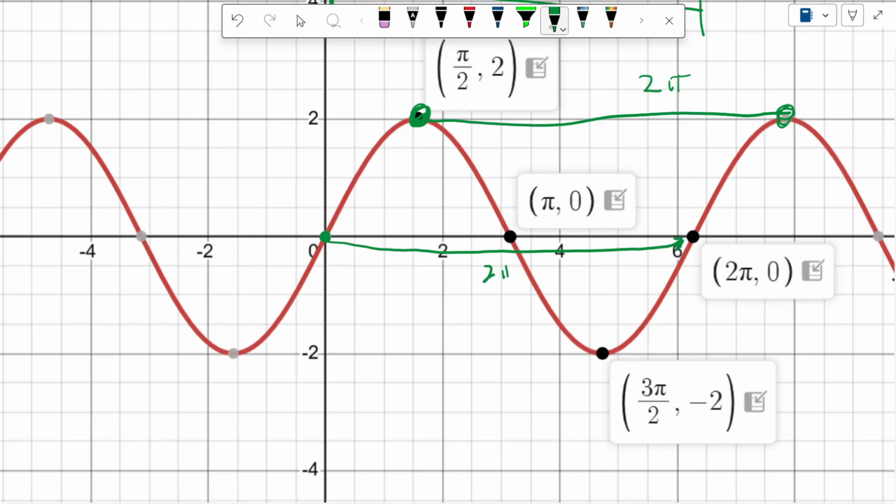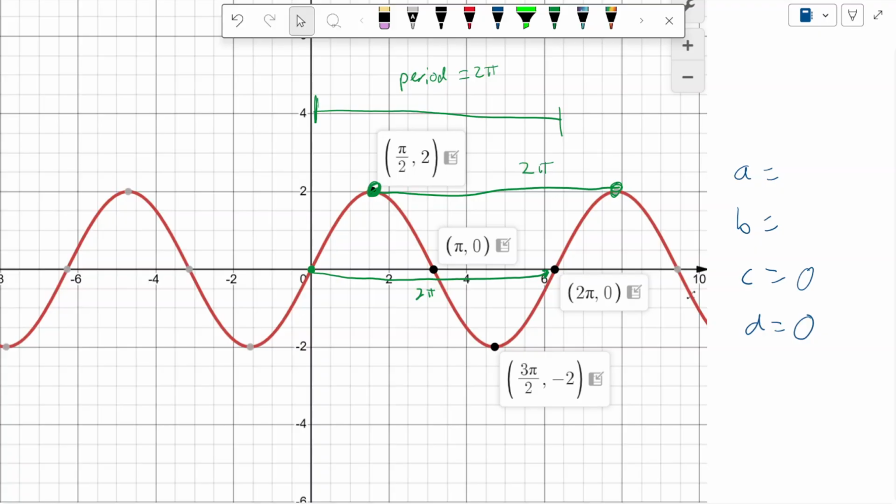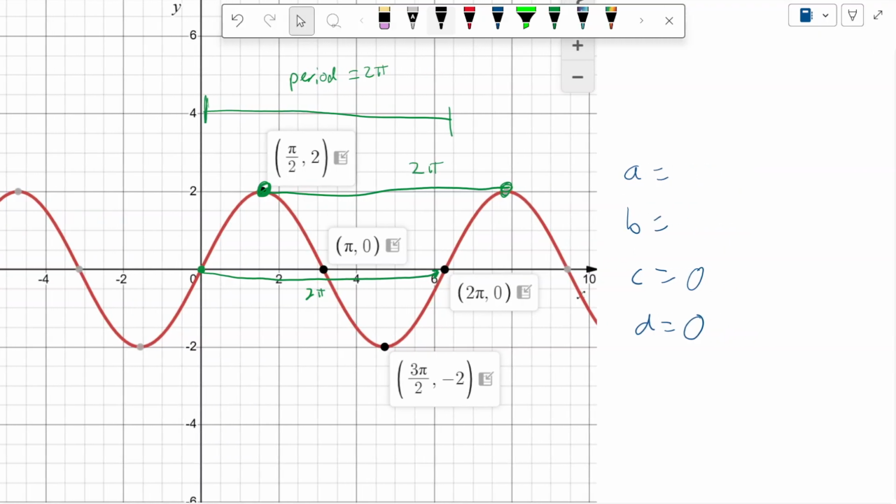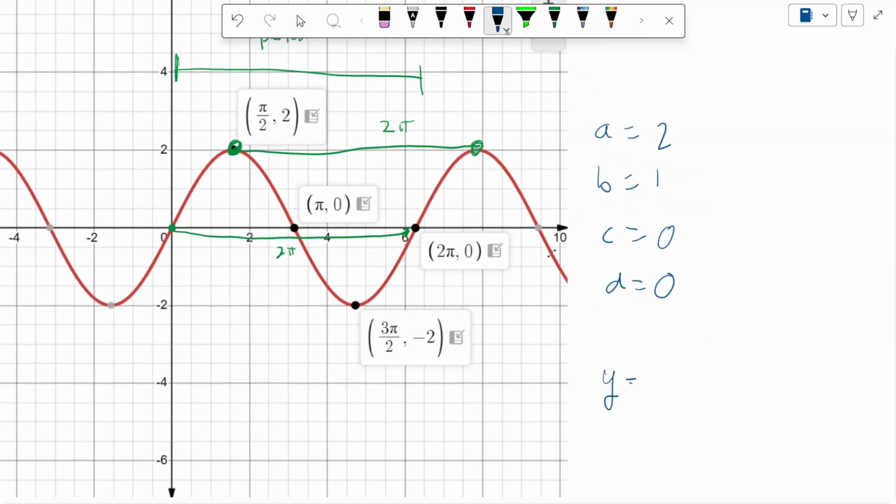So that's why the period is 2 pi. The period is still 2 pi on this graph, so B would be 1. There's been no horizontal squishing or stretching. The A value was 2, so what this is going to be is y is 2 sine of x.